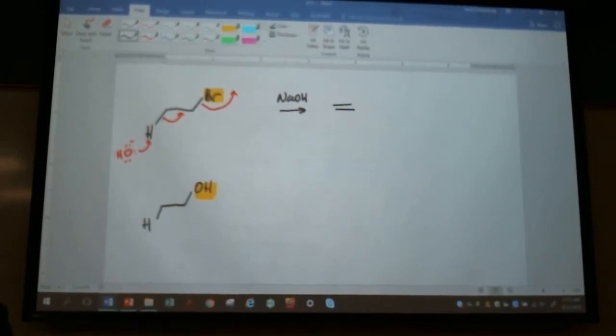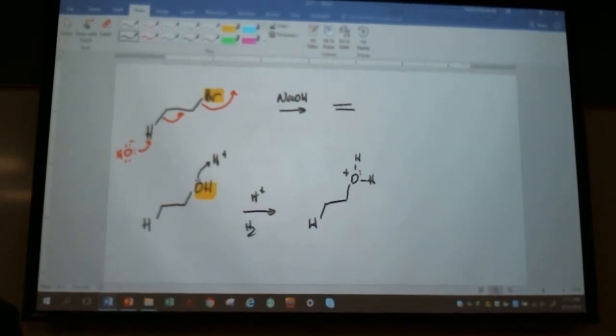Because if you put it in acid, like sulfuric, something like that, this picks up hydrogen. And now this, with a positive charge, is a good leaving group.